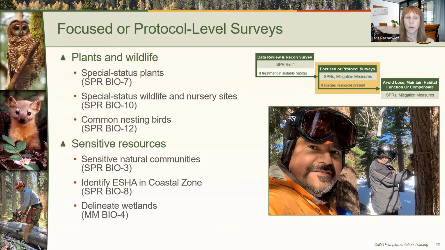In some cases, presence of the resource may be assumed instead of conducting focused surveys. But then the required mitigation for that resource will need to be implemented as if the resource, such as a special status species, is present. Next slide.